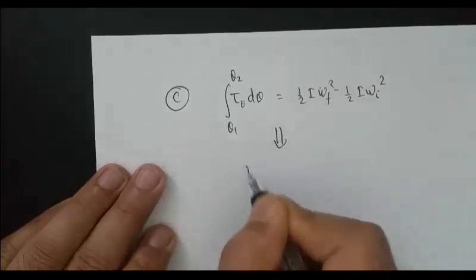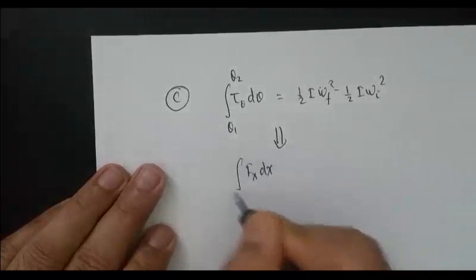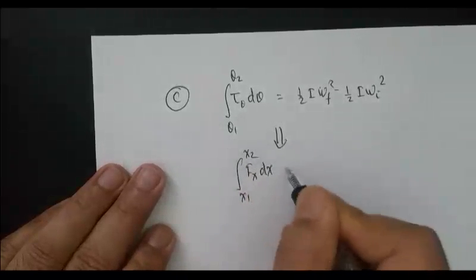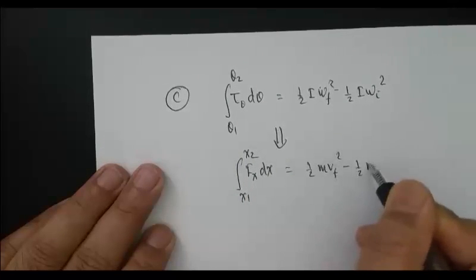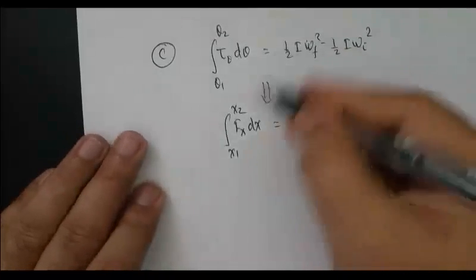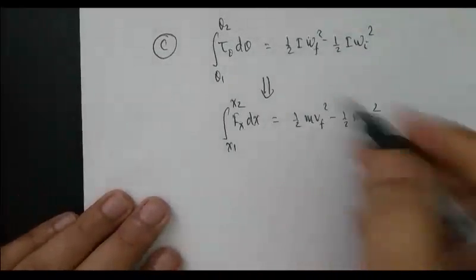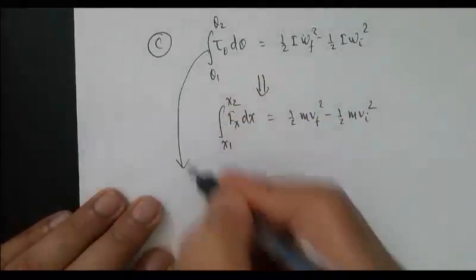This is similar to the work done by F dx being 1/2 m v final square minus 1/2 m v initial square. This is the work energy theorem, so we're going to use it here.